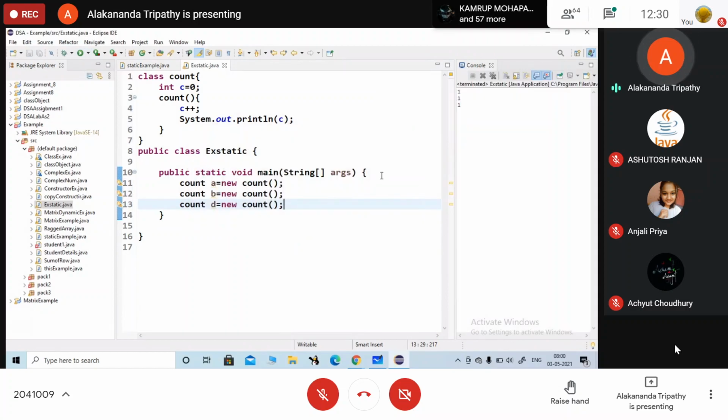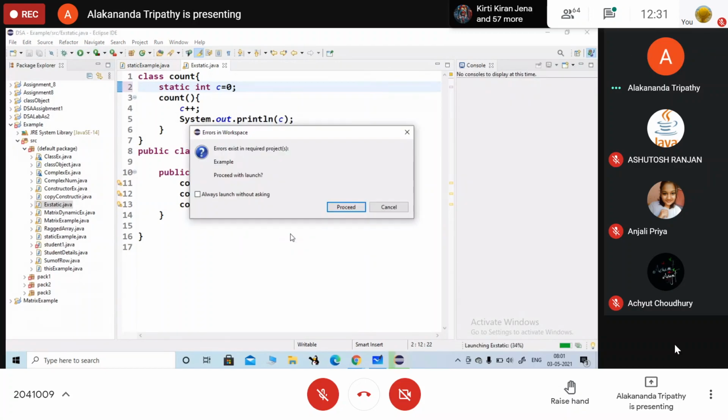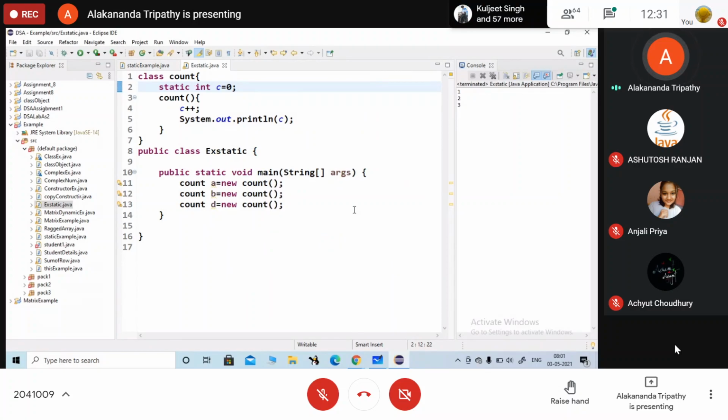यहाँ पर क्या आउटपुट आ गया? 111. Now suppose here I will take the variable as static. Now check what you are getting. 1, 2, 3. तो अभी डिफरेंस पता चल रहा है, how it is happening.